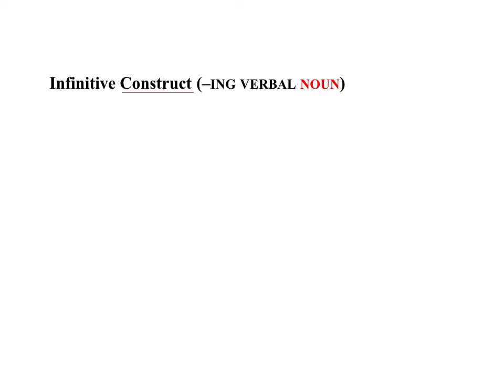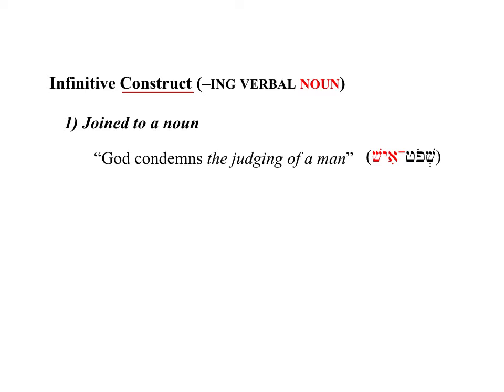This is an -ing verbal noun, and an infinitive construct needs to be joined to something because it is a construct. So you'll see an infinitive construct joined to a noun in the example like we have here. Shafot ish, the judging of a man. So we might find it in a sentence something like, "God condemns the judging of a man."